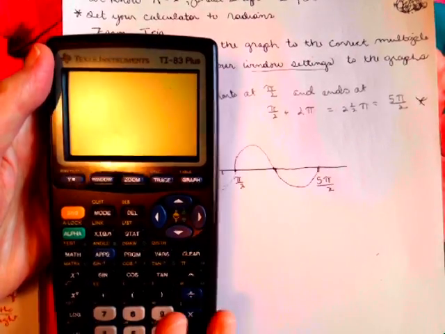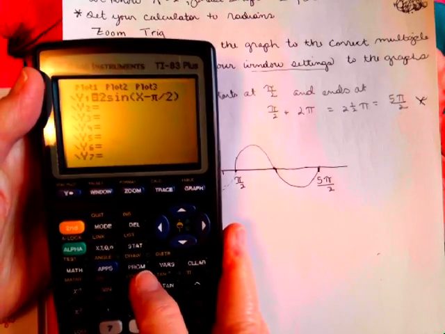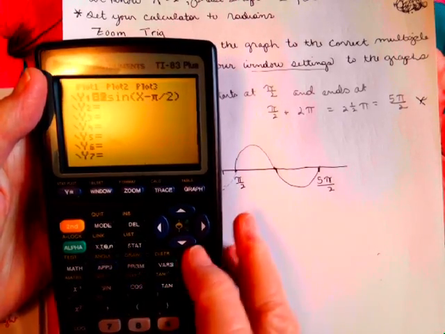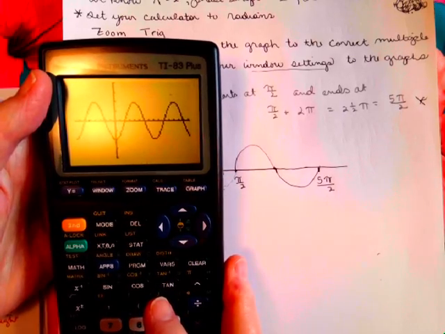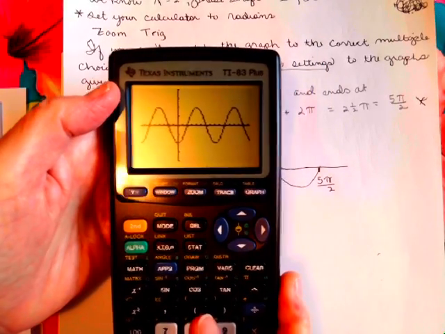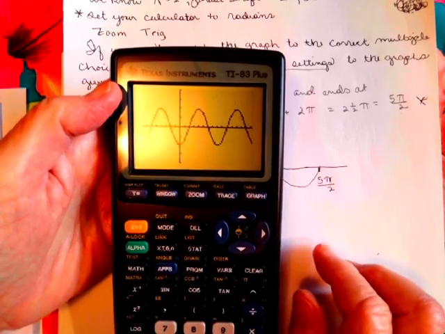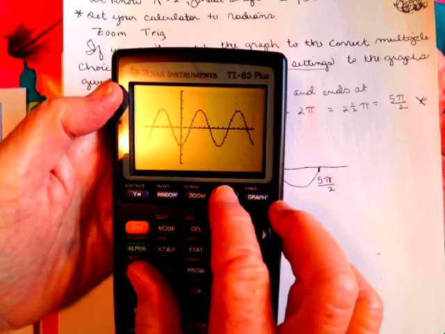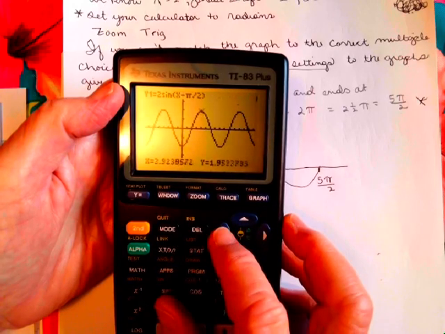So let's put this in the calculator and see what it looks like. Y equals 2 sine of x minus pi over 2. Graph. I see this graph. If I wanted to, I could trace, and I could say, hey, let me see where this starts.